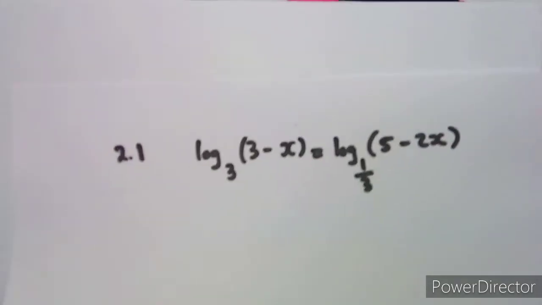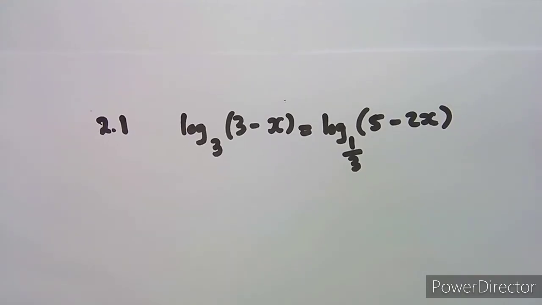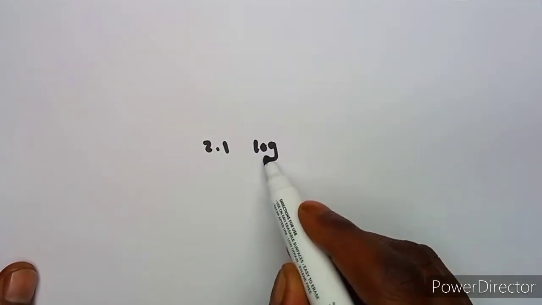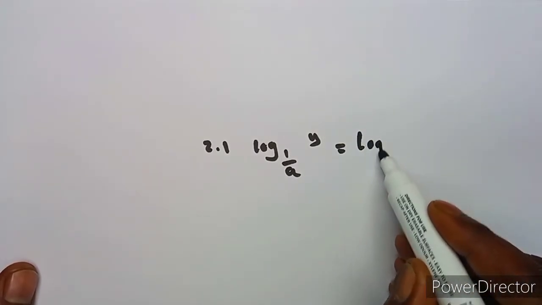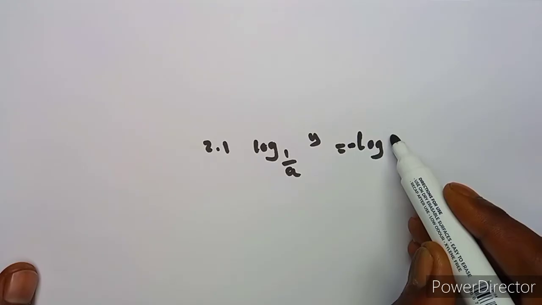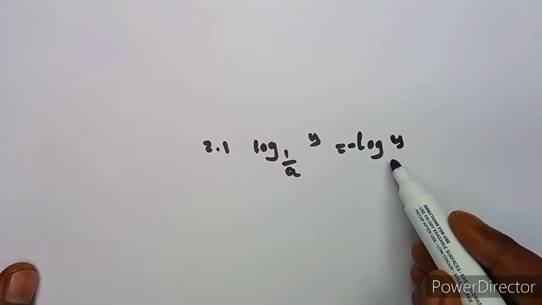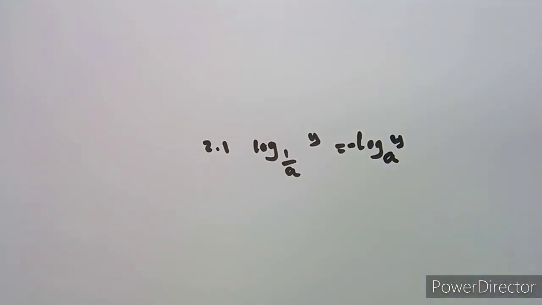Remember, there are so many ways to prove. I want to start with the first part first, which is just to prove log y in base 1 over a is equal to minus log y in base a.